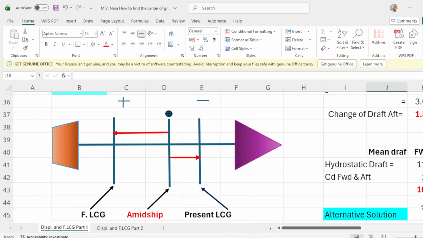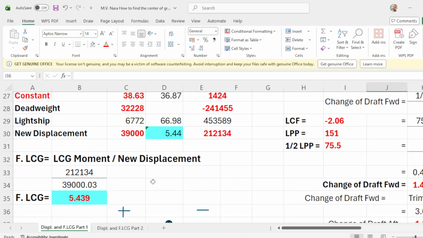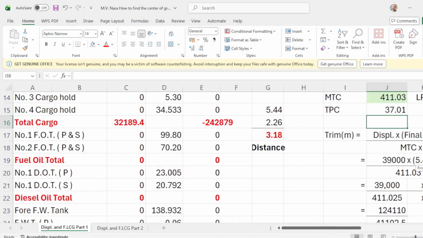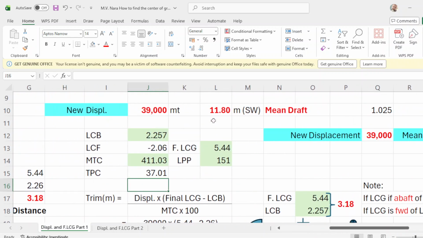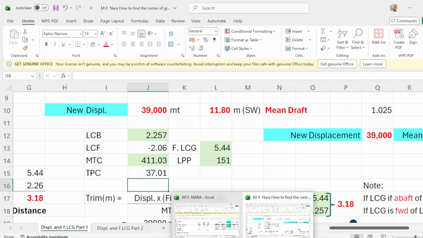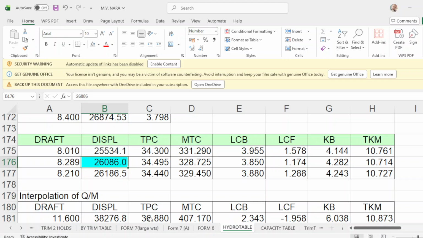Then what is the draft of this 39,000 metric tons? 39,000 metric tons is 11.80 at a saltwater density of 1.025. What is 39,000? We go to the hydrostatic table. How much is that 39,000?